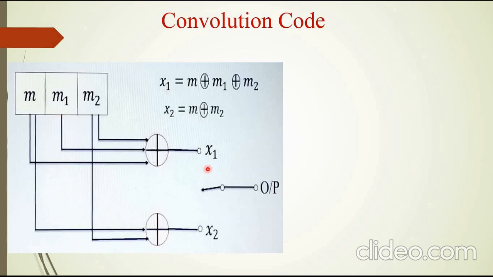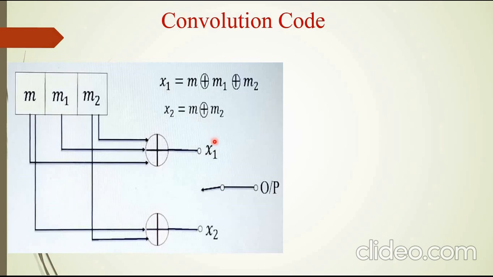The output is switching between x1 and x2, and x1 is the algebraic sum of all 3 bits, and x2 is the algebraic sum of 2 bits, m and m2.